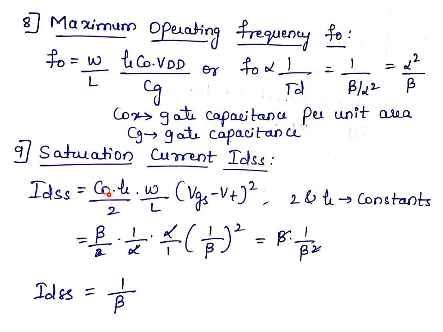So other than that, CO can be scaled by a factor of beta, and width is 1 by alpha, L, that is length, is also 1 by alpha. So since I am taking it at the numerator side, it will be alpha by 1, right? So see here, VGS and VT both are the supply voltages, right? So here VGS is scaled by a factor of 1 by beta, VT is scaled by a factor of 1 by beta. So here 1 by beta and 1 by beta I will be taking directly as 1 by beta square.